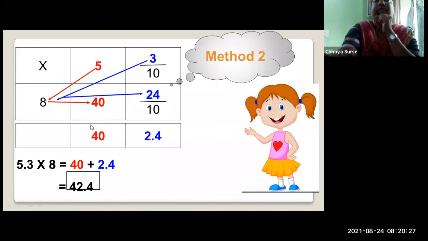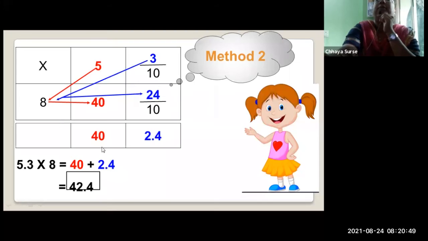Now we add the products 40 and 2.4. 40 plus 2 is 42, and the decimal point after the digit as it is. So 42.4. Okay. This is the second method, the lattice method.